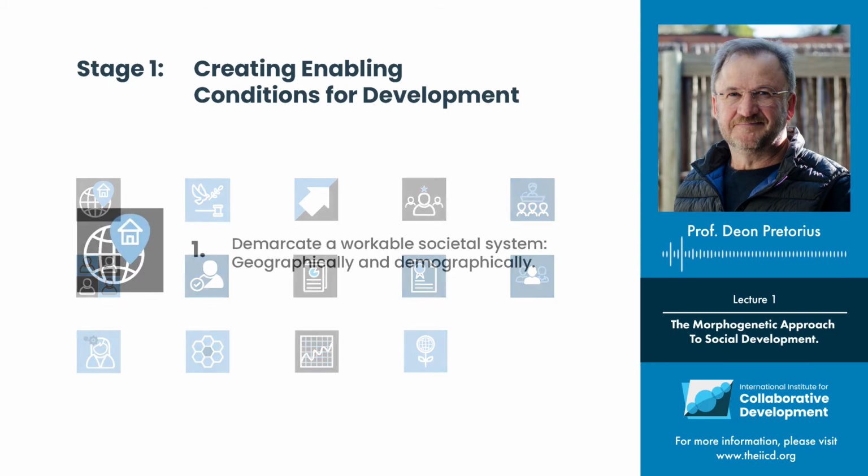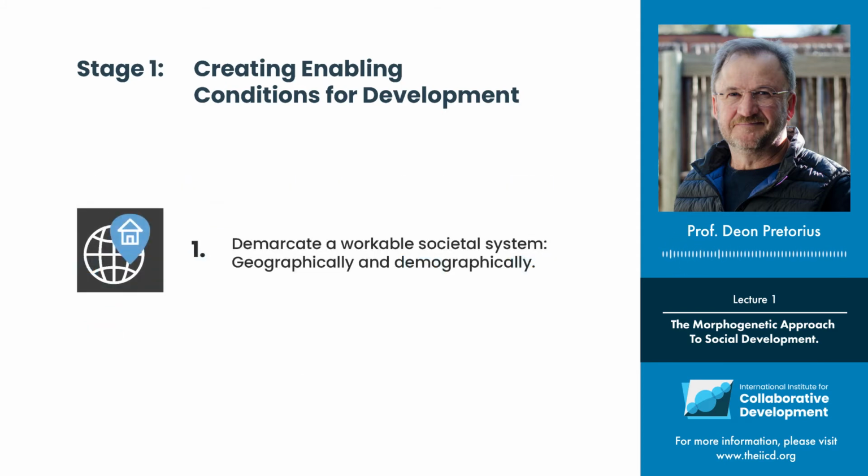In the first instance, it is important, if one embarks on a process of community development, local development, systems development, societal development, you need to demarcate the societal system that you focus on. In other words, you need to identify boundaries, whether these are geographical or specifically targeted communities.